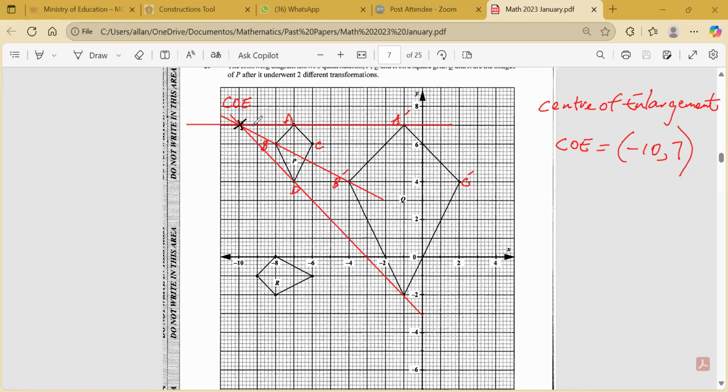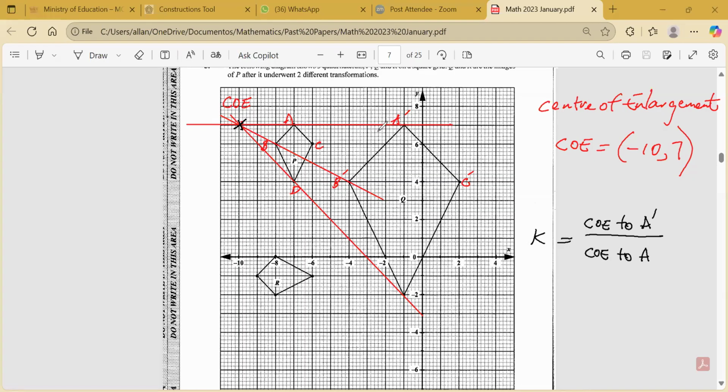So from COE to A prime divided by your center of enlargement to A. This will also give you a scale factor.